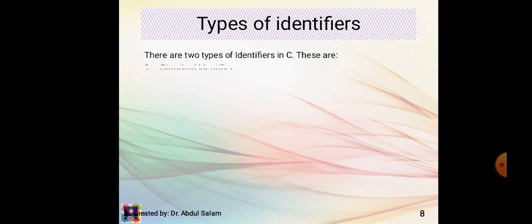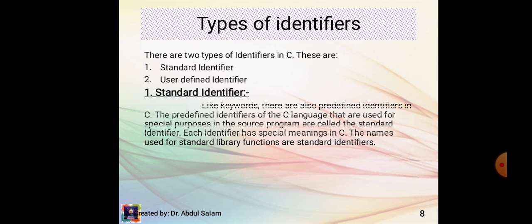Here are some types of identifiers. These are of two types: standard identifier and user defined identifier. What is standard identifier? Like keywords, there are also predefined identifiers in C. The predefined identifiers of the C language that are used for special purposes in the source program are called standard identifiers.